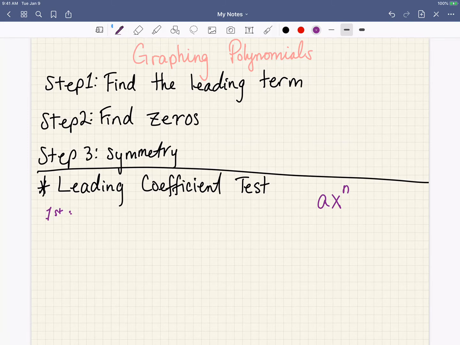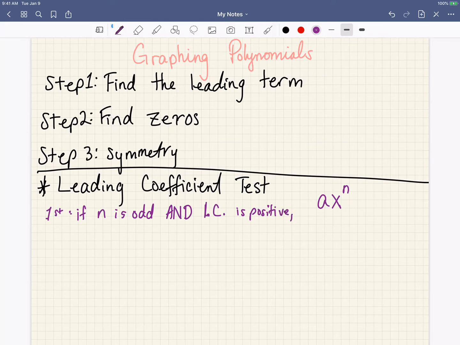So my N is my exponent, my X is the variable, and A is the coefficient. So if N is odd and the leading coefficient, I'm going to call it the LC, is positive.